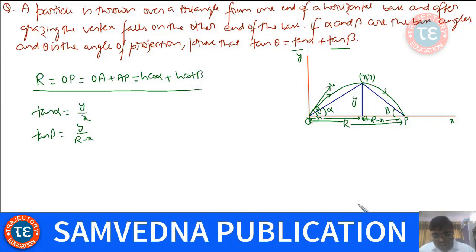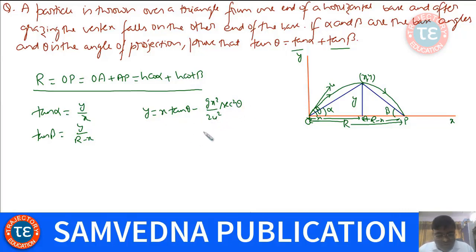And what is the equation of trajectory of the projectile motion? That is y equals x tan theta minus g x square upon 2u square sec square theta.